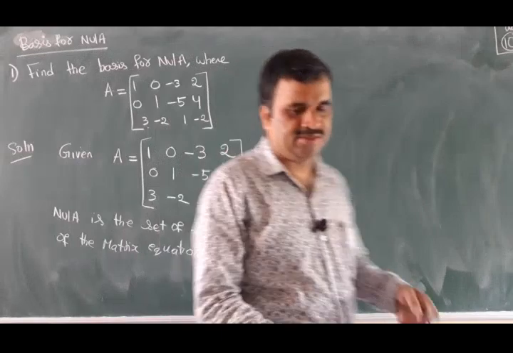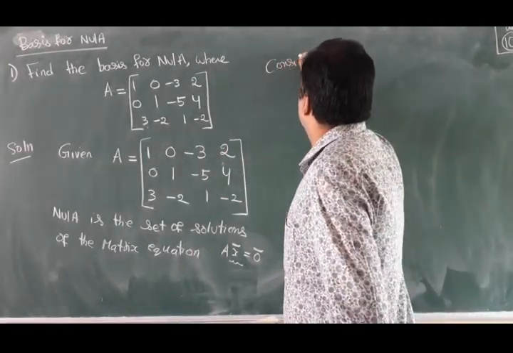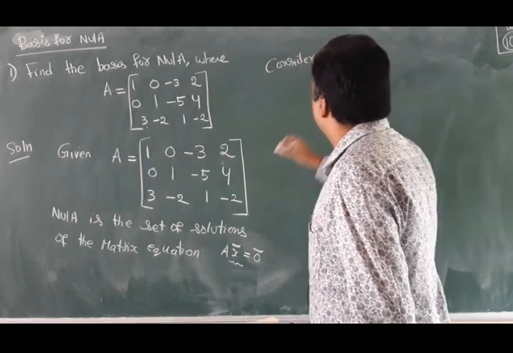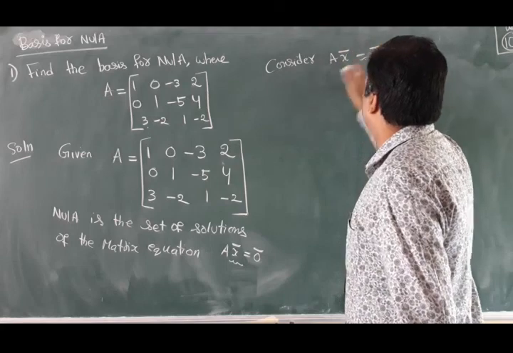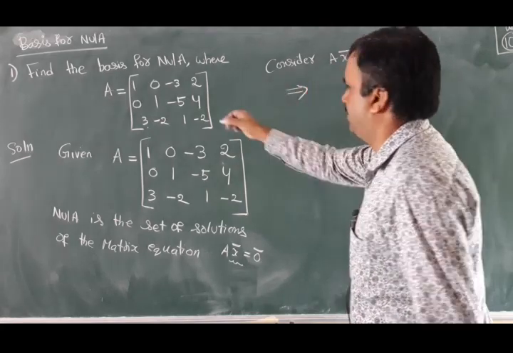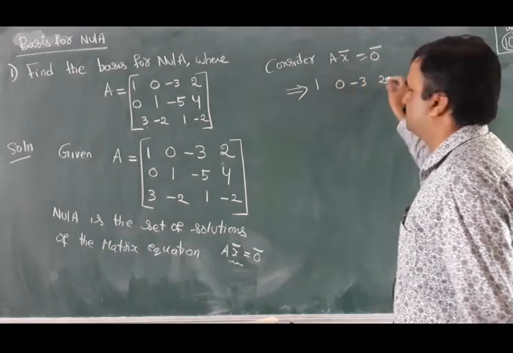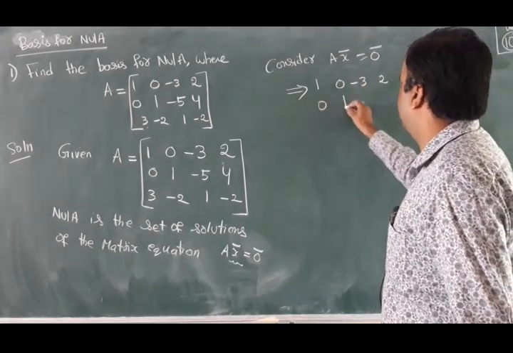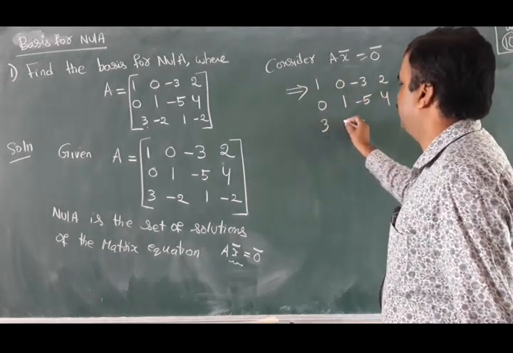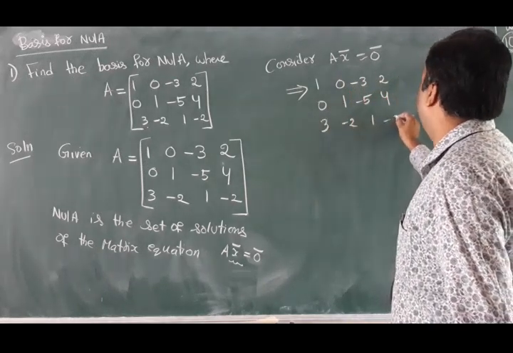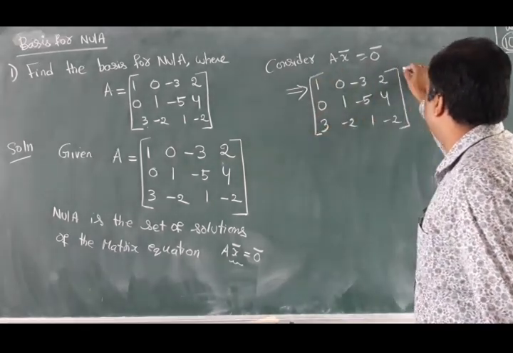Consider A x bar equal to 0 bar, which implies matrix A, 1, 0, minus 3, 2; 0, 1, minus 5, 4; 3, minus 2, 1, minus 2, times x bar. This x bar is a column vector.